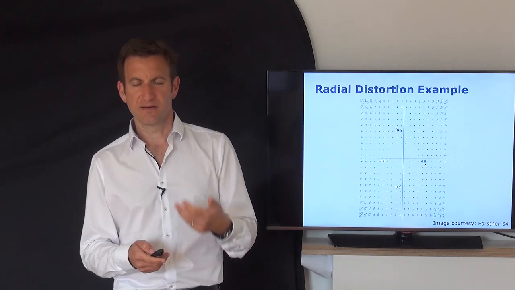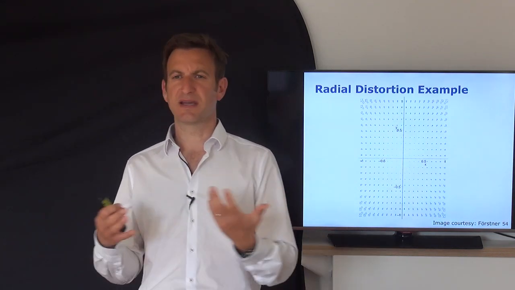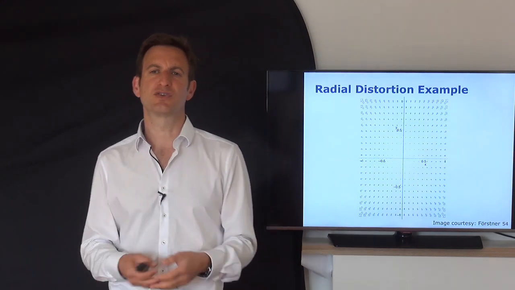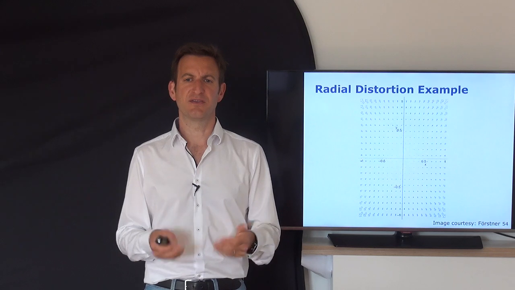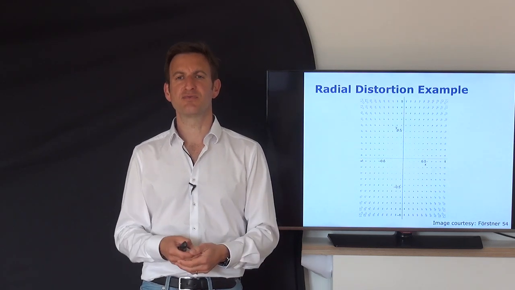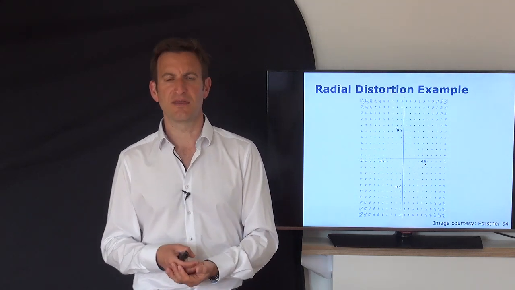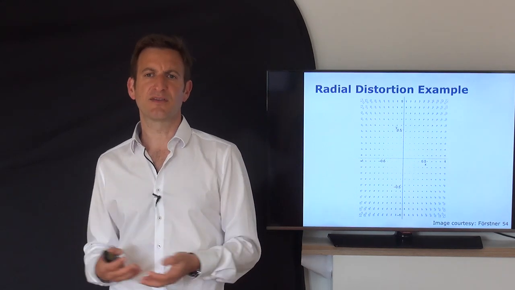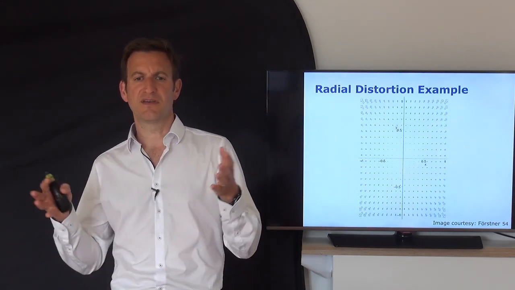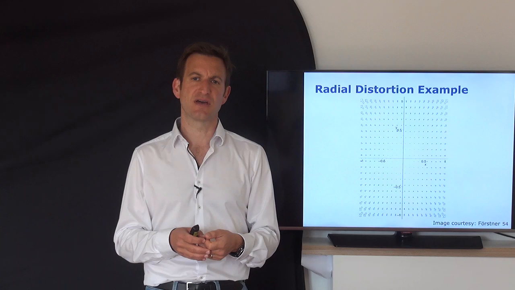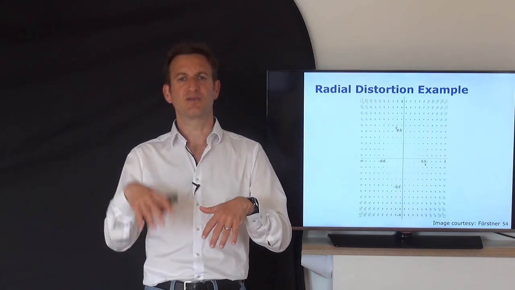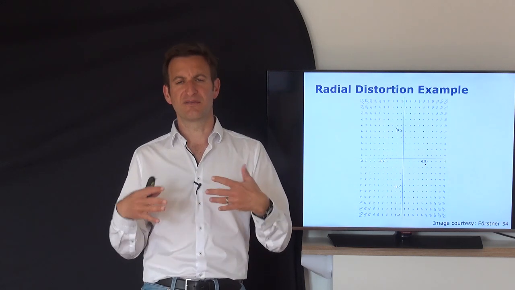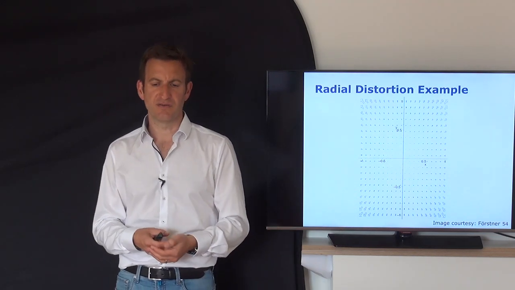In the end, I can use this type of distortion, but I can also use other types of distortion models that try to describe the phenomena that I see in my distorted images, and then estimate the parameters and compensate for them. This can be tricky if the models get more complicated, because there are certain parameters which influence each other, because parts of them compensate for the same effects or enhance certain effects. So it's typically not trivial to do.